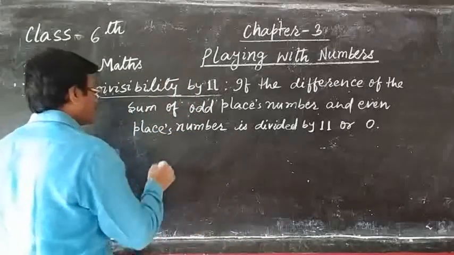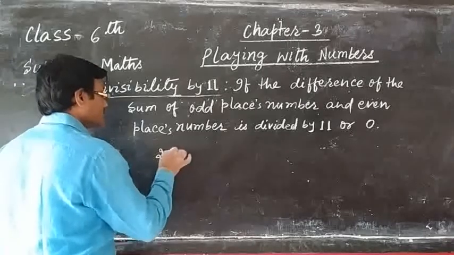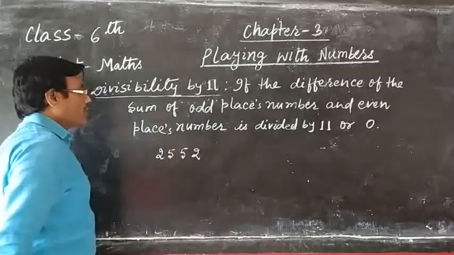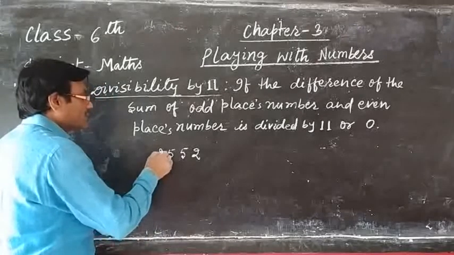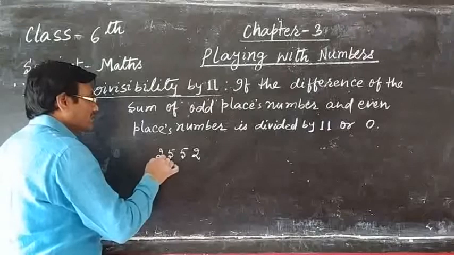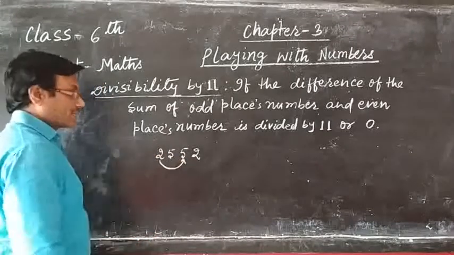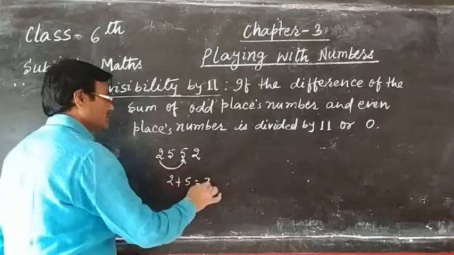Suppose I have a number 2552. Odd places numbers start from 1 from the left side. So 1 and 5. We make one group as 2 plus 5 is equal to 7.